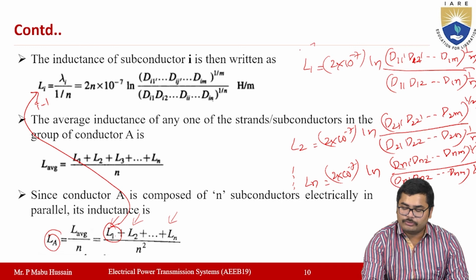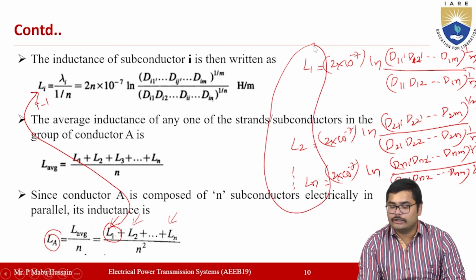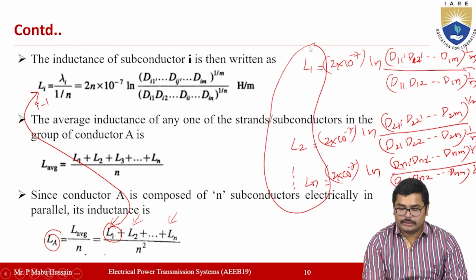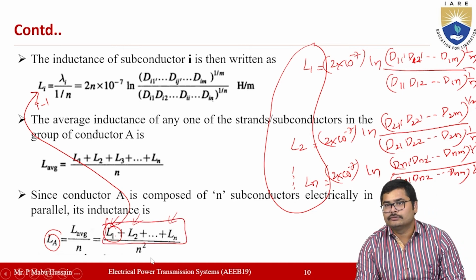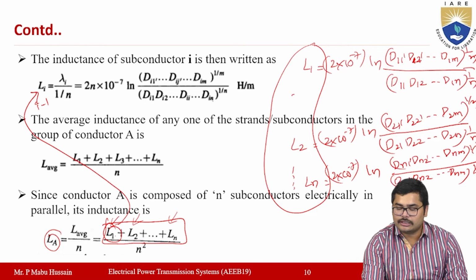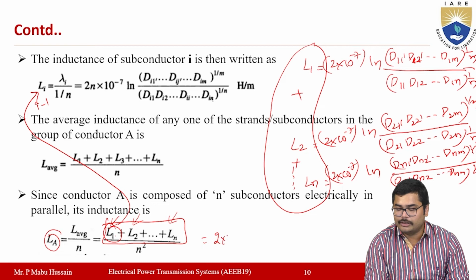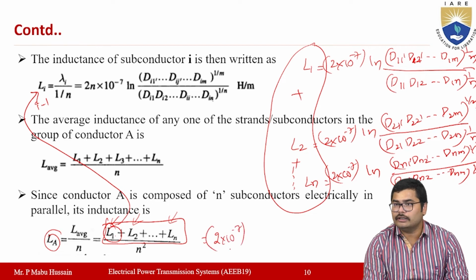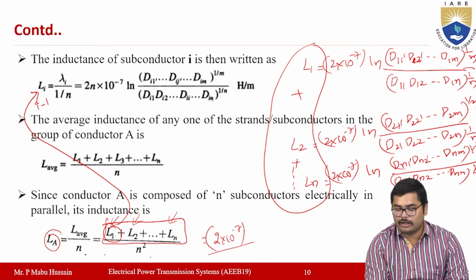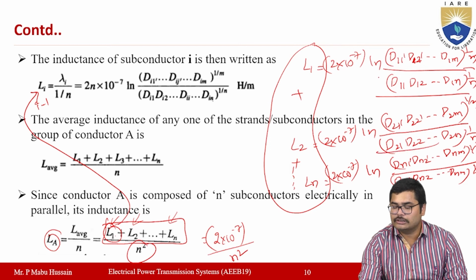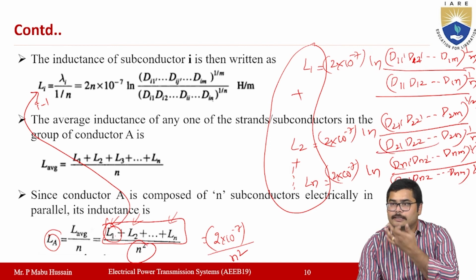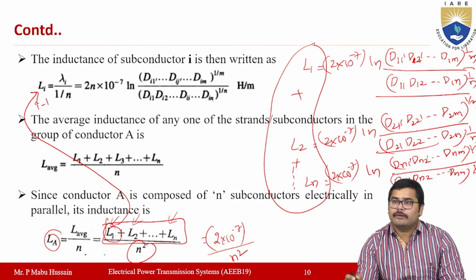Okay, so now you are going to sum all these, L1 plus L2 plus L3 up to Ln, and divide that value by n square. If you do the sum, 2 into 10 power minus 7 will be common, and you take this n square as it is. The sum will be log a plus log b plus log c, like that, so log of abc you will get.